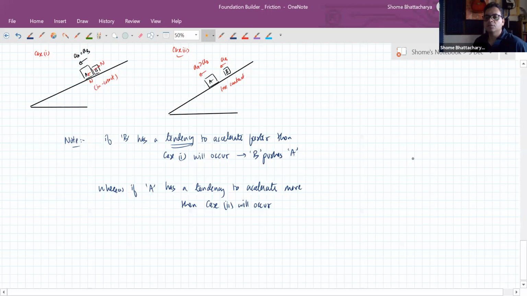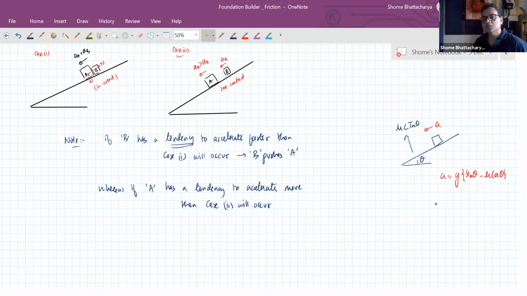Now one thing you'll see, any block which is kept on a surface which has a coefficient of friction less than tan theta, its acceleration depends on mu by this formula: g sine theta minus mu cos theta. So that means the larger the value of mu, the lower the acceleration.